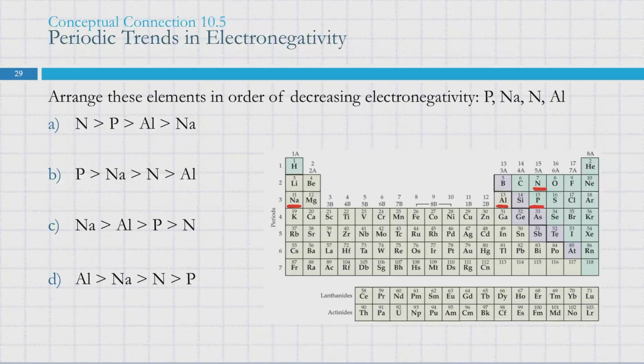Where is our highest electronegativity element? Top right, it's what? Fluorine, right?